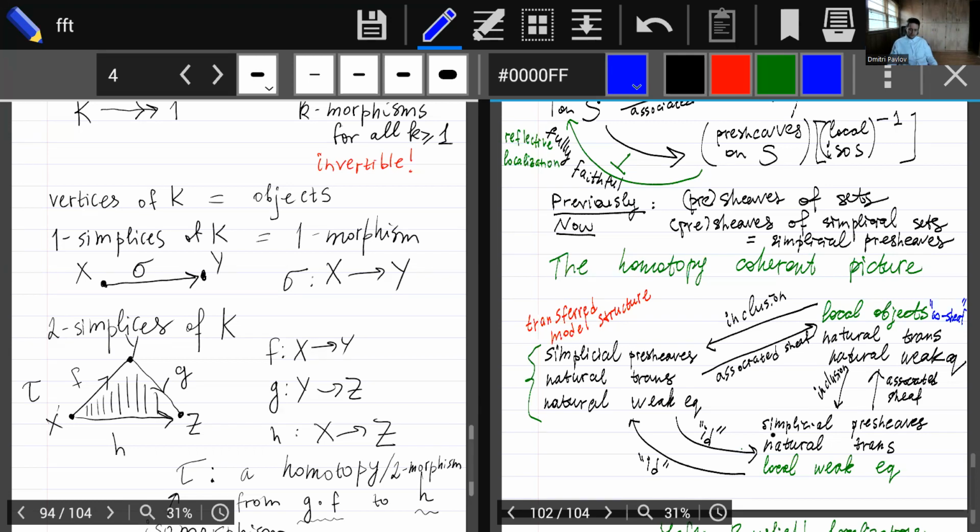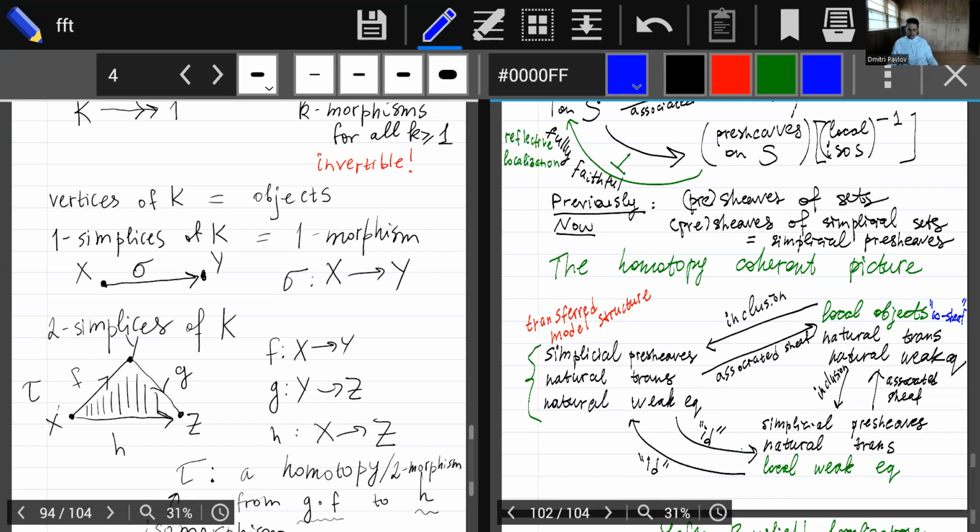And if you equip simplicial presheaves with this new notion of a local weak equivalence, so you replace the class of weak equivalences with the class of local weak equivalences, you get something like the analog of this category of fractions.